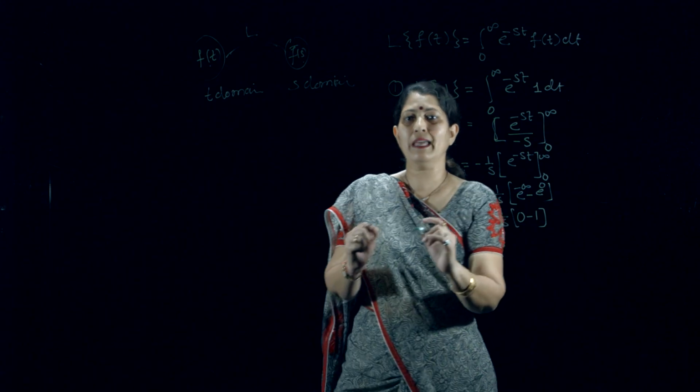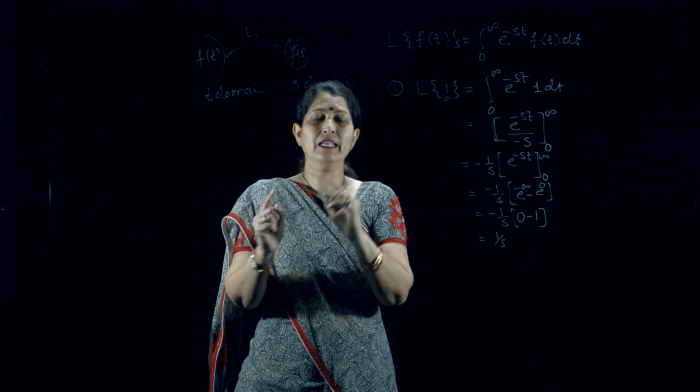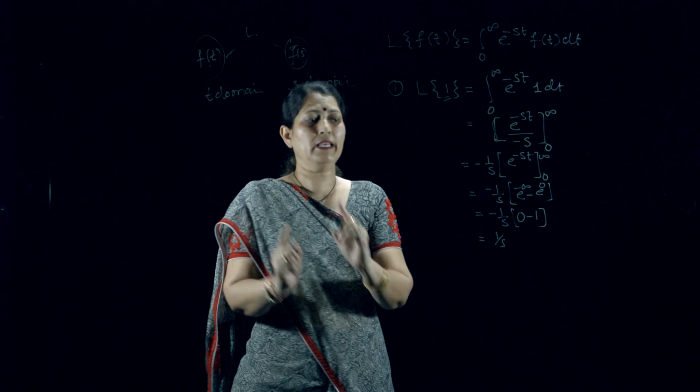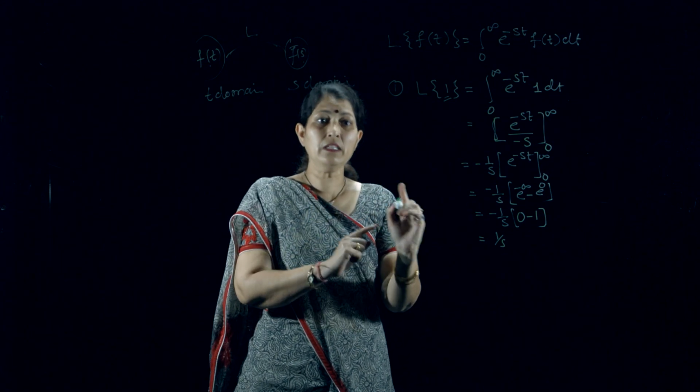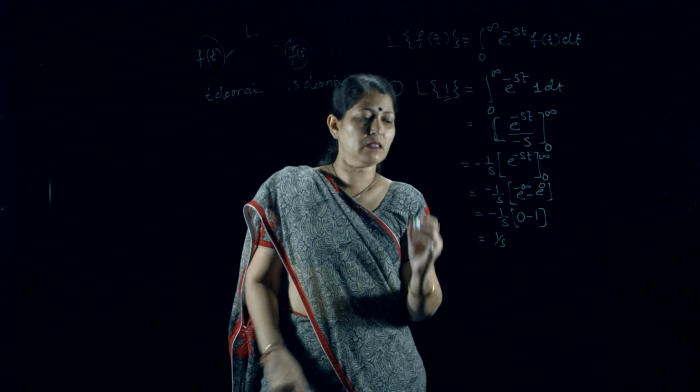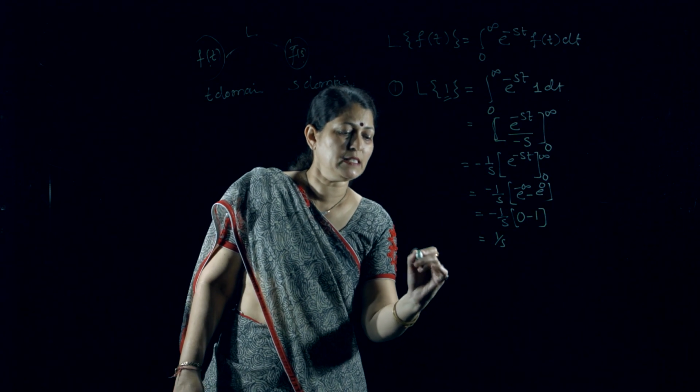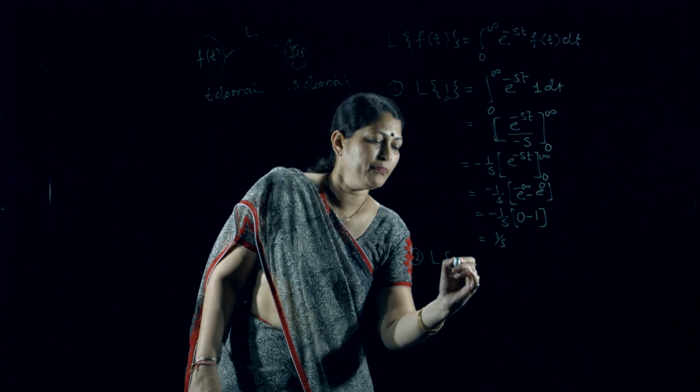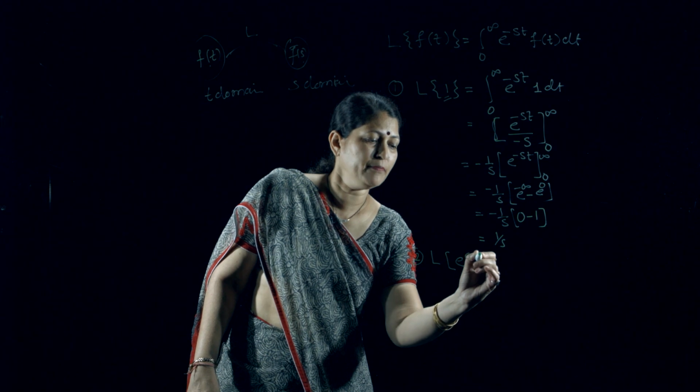We need, just like d by dx of sin x is cos x, here L of 1 is 1 by s. In this way we can find some basic formulas, like the Laplace transform of e power at.